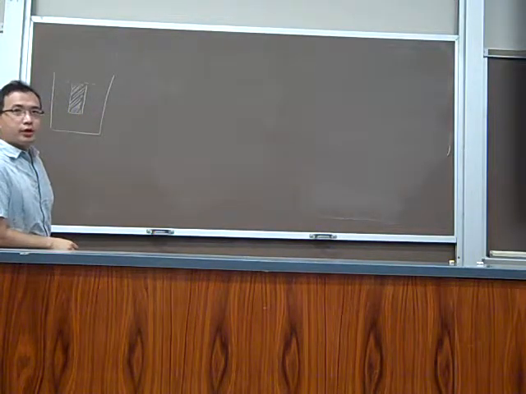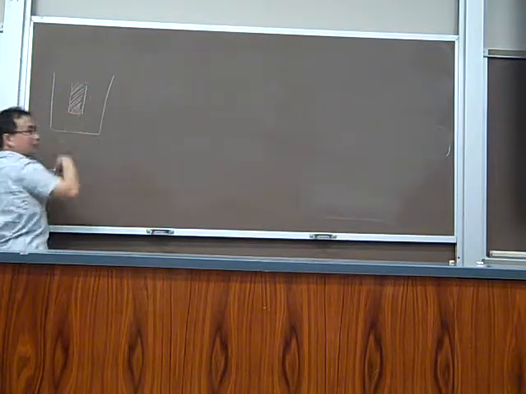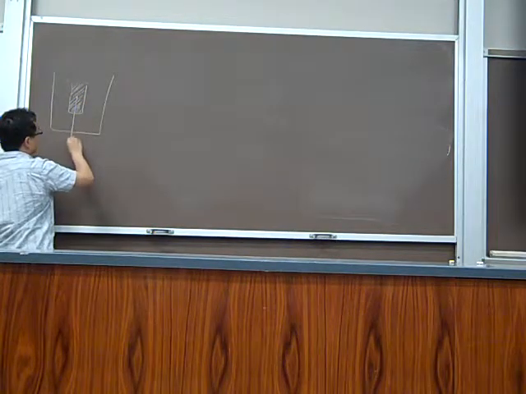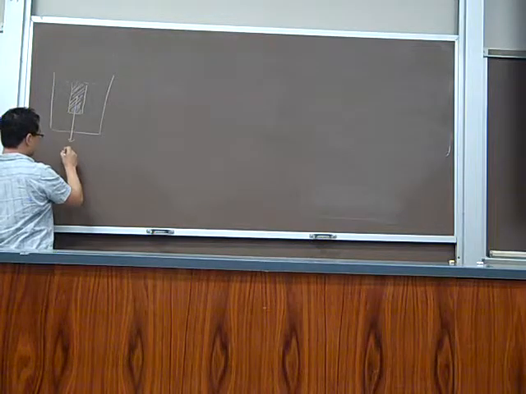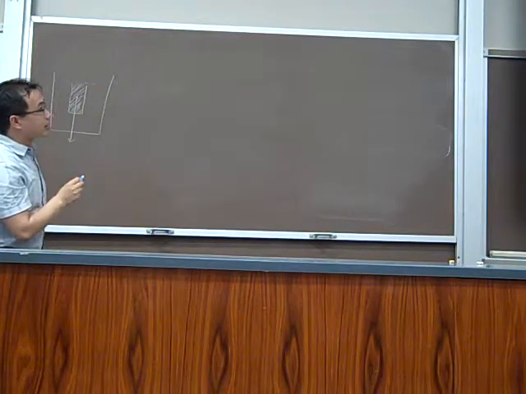So you can consider the forces acting on this along the y direction. So how many forces do you have? You have the weight of this part of fluid. Okay. So that's mg.